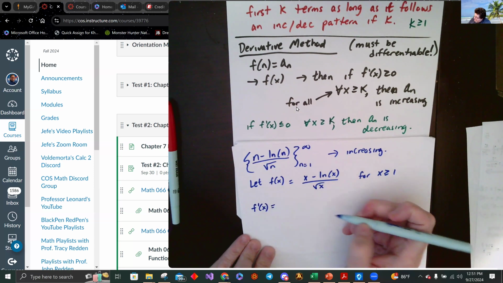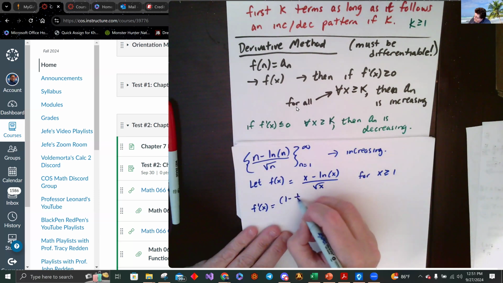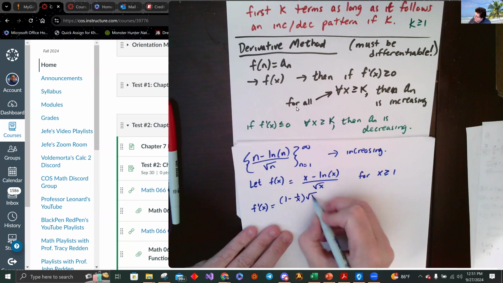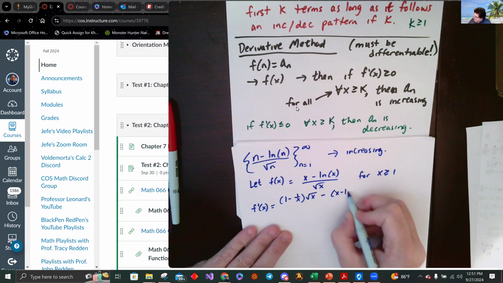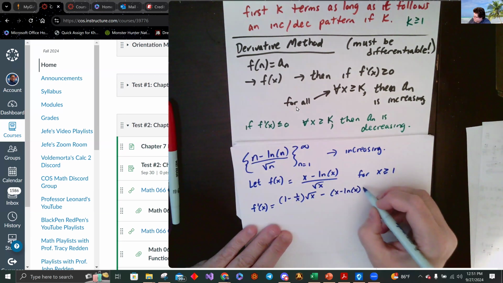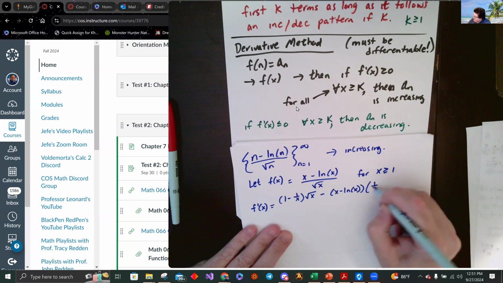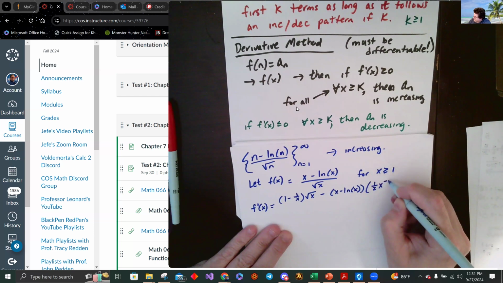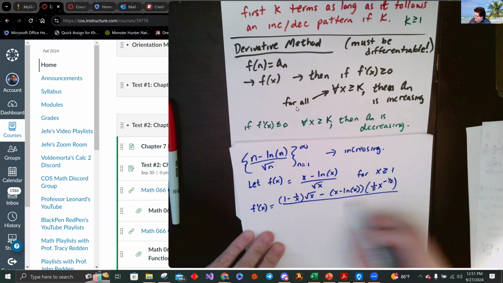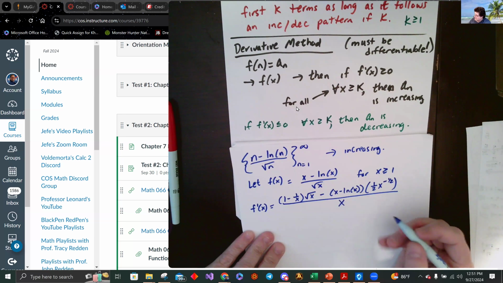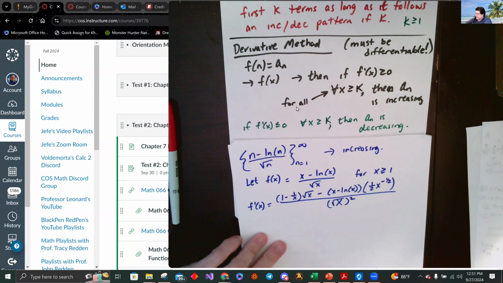We've got high prime, which is 1 minus 1 over x times low, minus high times low prime. x to the 1/2 would be 1/2 x to the negative 1/2. All over low squared is x. Let me make sure I'm writing it in a way that you all remember.